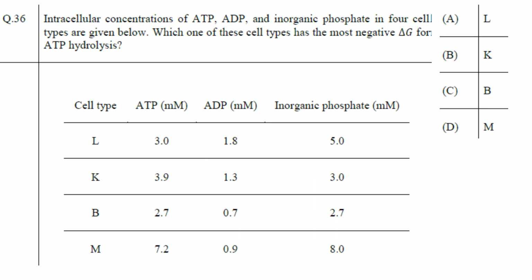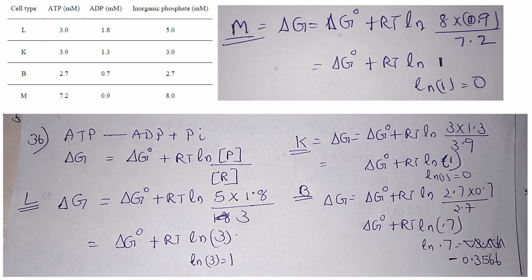Then next one. Intracellular concentrations of ATP, ADP and inorganic phosphate in 4 cell types are given below. Which of these cell types has the most negative delta G for ATP hydrolysis? I have given the explanation in the next slide. So these are the cell types, ATP, ADP, inorganic phosphate.